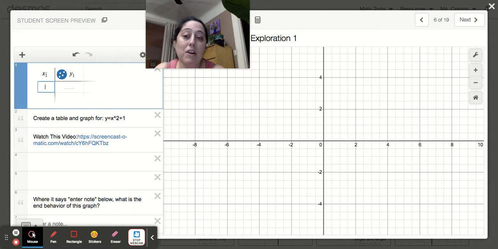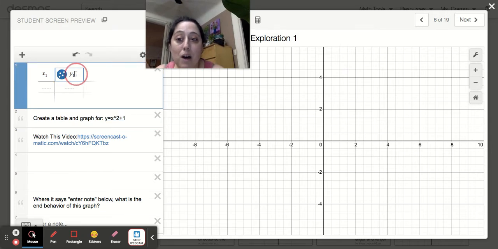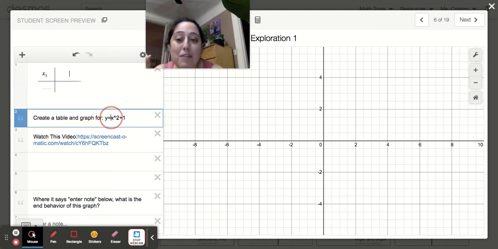If I want to create a table specifically for y equals x squared plus 1, I can delete that y1 and replace it with the function I actually want to see.